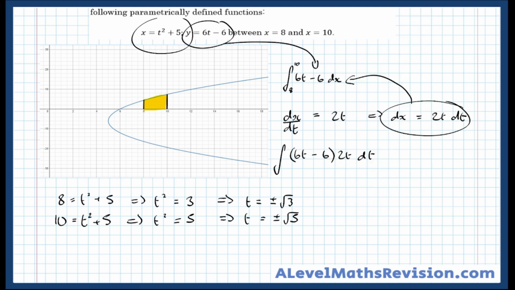So t equals root 3, since we need positive. And for the same reason, t equals root 5 again, since we need positive because the question asks for the area above the x-axis. So we've got two limits there. Right, now, doing the integration.